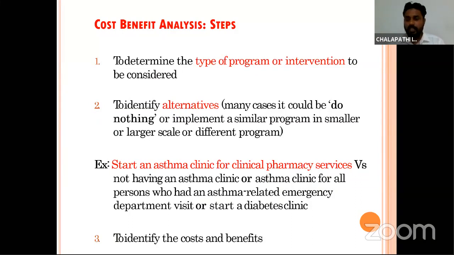After I give the intervention, he is able to go for work for another 3 days. That means he is missing only 2 days compared to before. Before I started my asthma clinic he was not able to go to his working location for 5 days; after the intervention he is missing only 2 days. The other 3 days he is getting benefited. That is how I calculate my benefit out of these kinds of interventions.